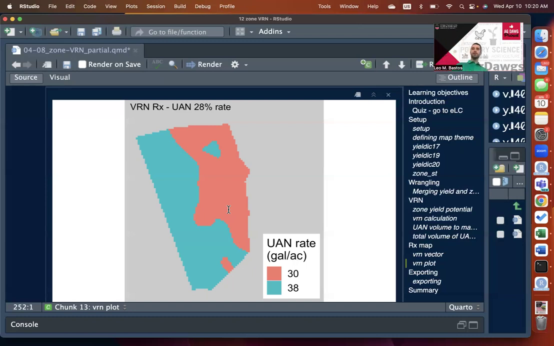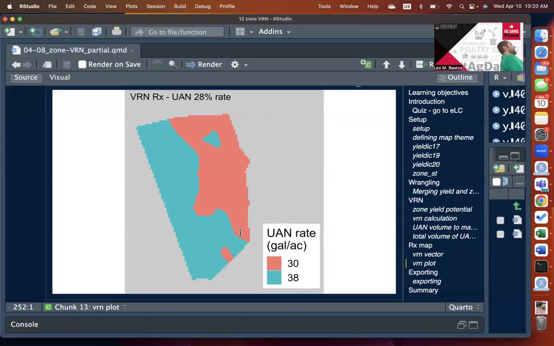So I just wanted to expose you to the process of coming up with this. Really, if you think about it, we went all the way from having yield data in 3 years. We wrangled, cleaned, interpolated. We brought all the soil variables based on terrain variables and soil electrical conductivity, cleaned, interpolated, brought all those variables together, did the yield spatial temporal analysis, did the management zones based only on soil variables, validated them, determined how many zones we needed on this field, determined what the yield potential was, and created a variable rate recommendation based on those zones.